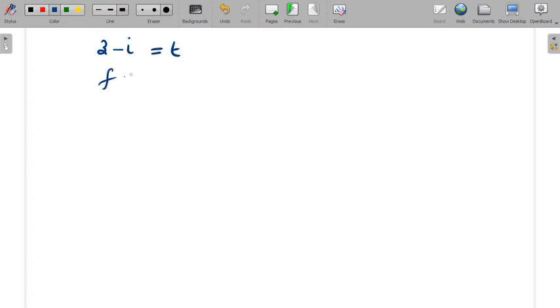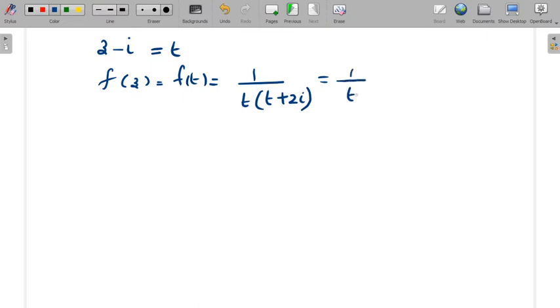So our function is f of z is equal to f of t, that is equal to 1 by t into t plus 2I. And it is not necessary that you should change this into partial fraction. What we need is an expression in powers of t. So you can just change this term into partial fraction. For that, let us take this 2I outside and write this as 1 plus t by 2I.